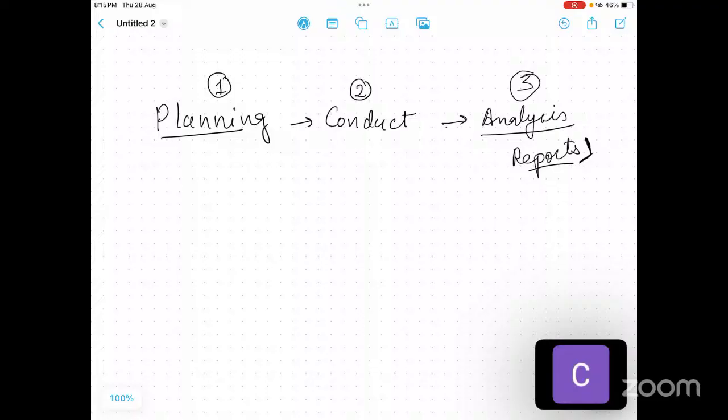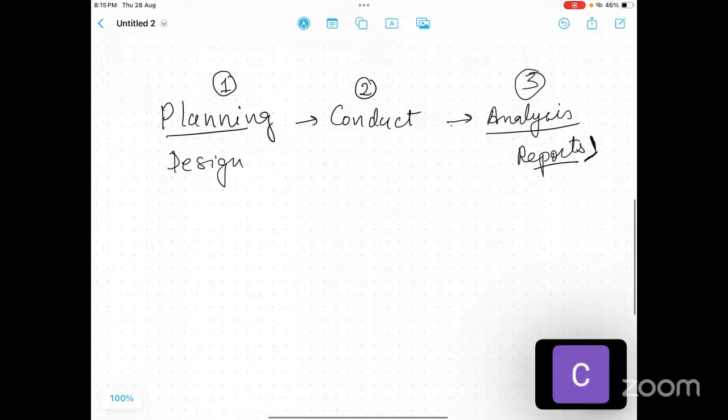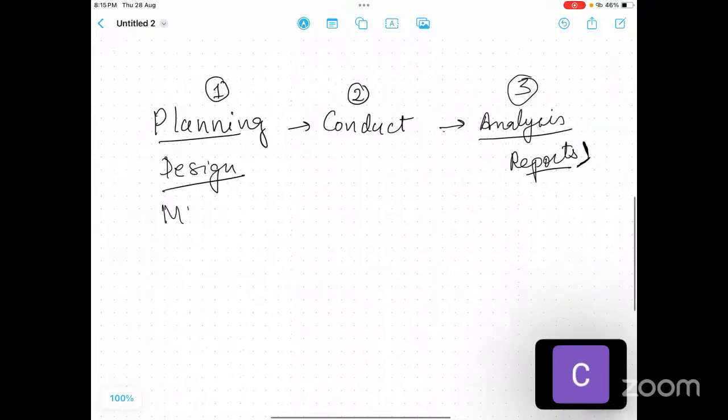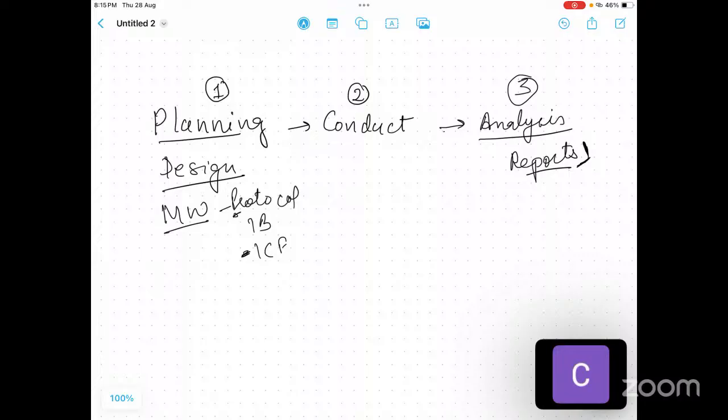When you plan your trial, you design your trial, and the medical writing team plays a big role here, because all the initial documents, the beginner documents, protocol, IB, ICF, are prepared together. IB works as a source for the protocol, and the protocol is the source for the ICF. Even your CRFs, your SOPs, and other regulatory documents are all prepared at the planning stage. So there is a lot of work for a medical writing team.